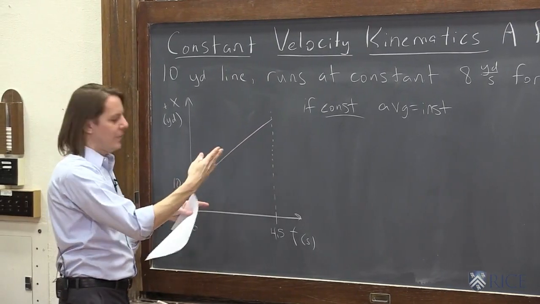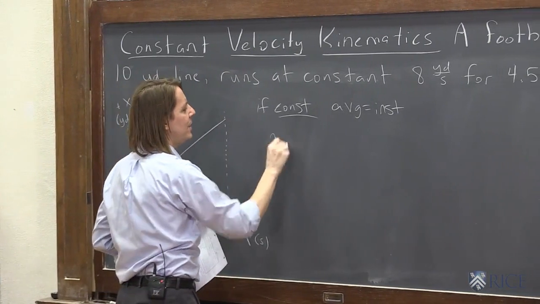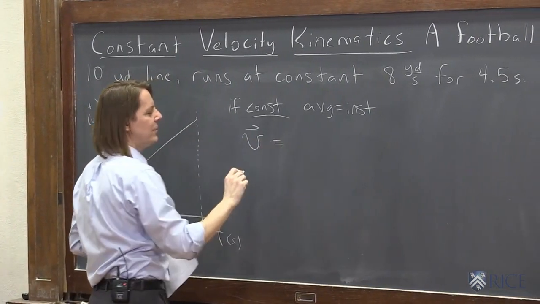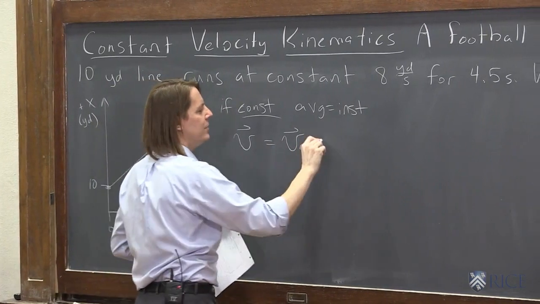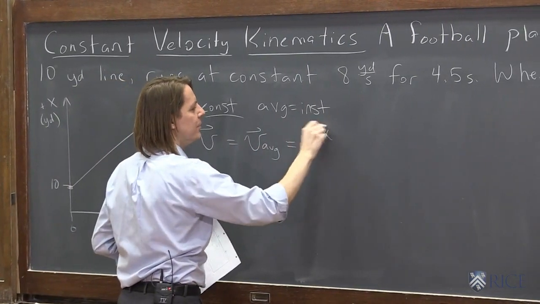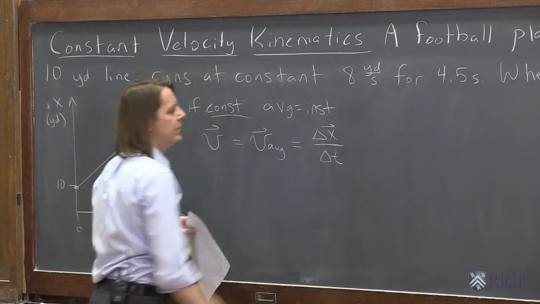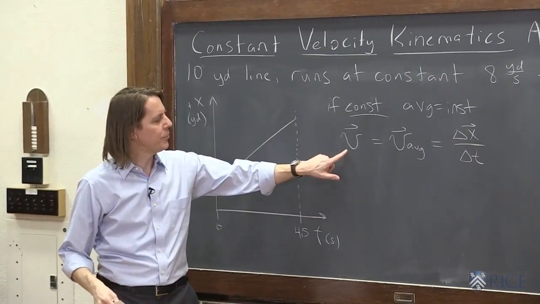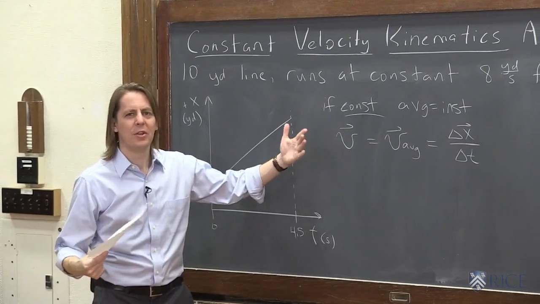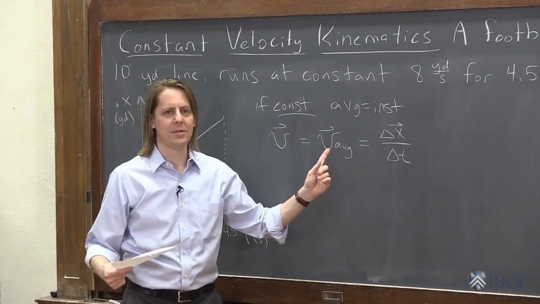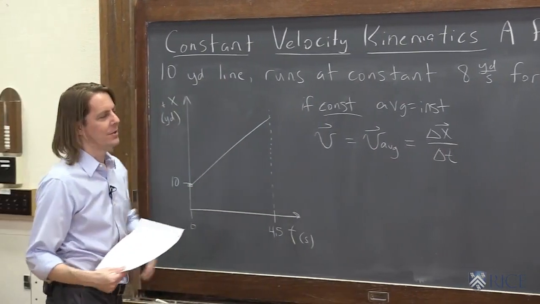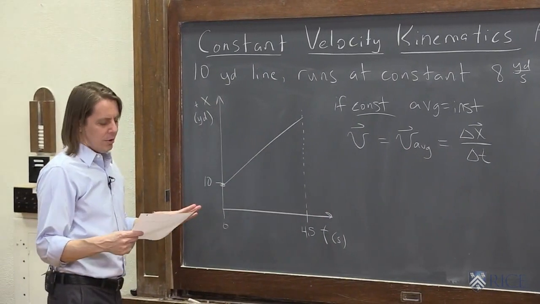They're equal. That helps our notation because then we can say that v, the vector for instantaneous velocity, equals the vector for average velocity, which equals the displacement over delta t. I want to think about just the regular old instantaneous velocity, but I want to have this formula, which is for average. But actually all three are equal in this case. So we can go from there.